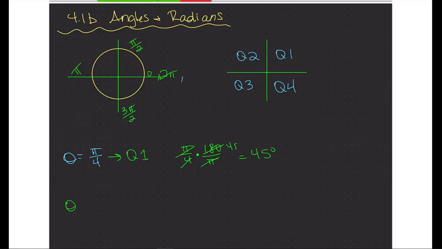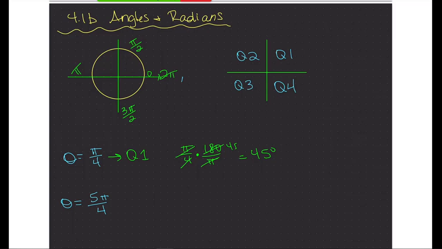What if we knew that our theta equaled, let's say, 5 pi over 4? If we want to figure out which quadrant that's in, what do we know about 5 over 4?